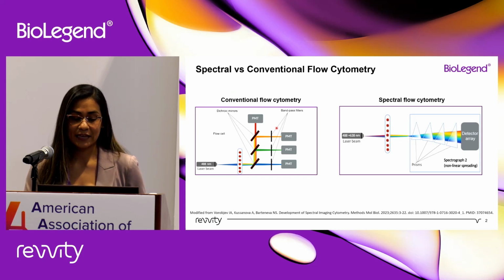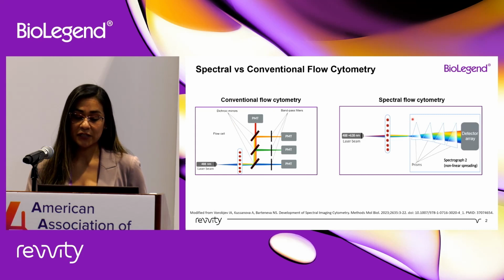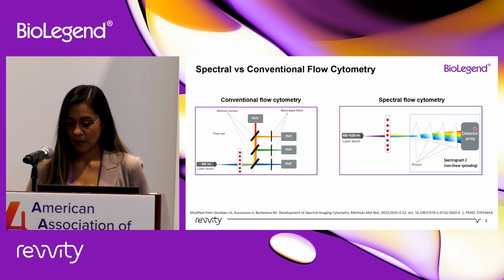On one side, the conventional cytometry uses dichroic mirrors that split the light using bandpass filters. On the other hand, the spectral cytometry uses prisms that disperse the light, and this light is later collected using an array of detectors.